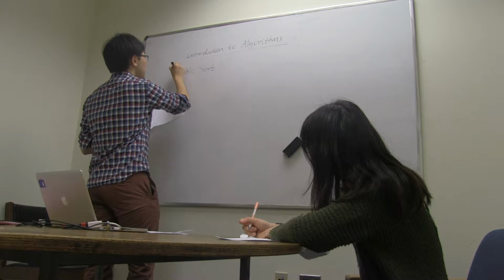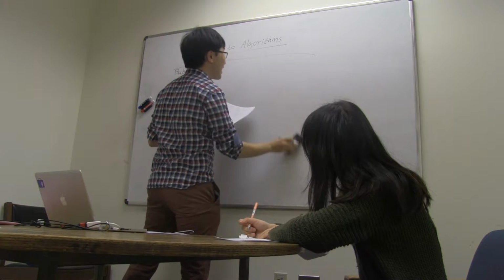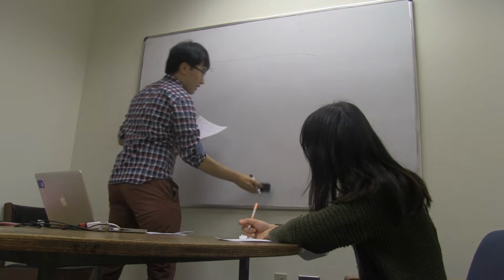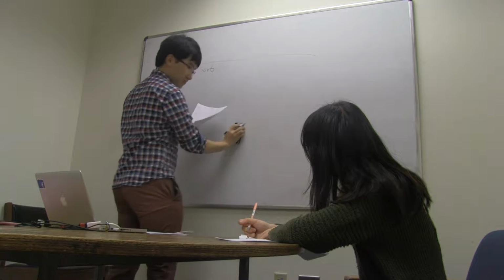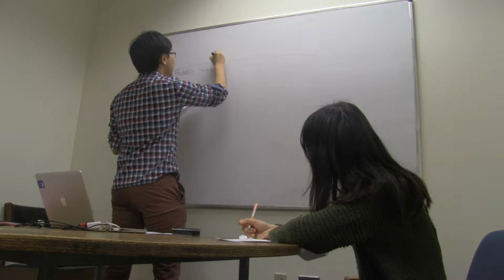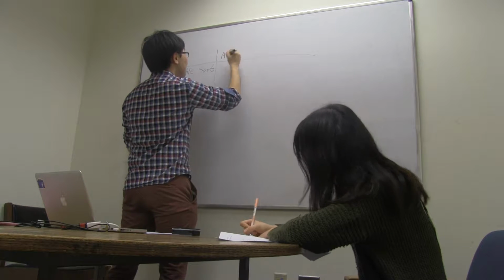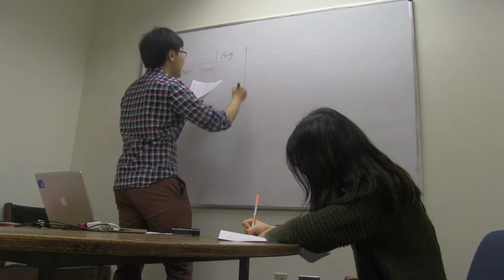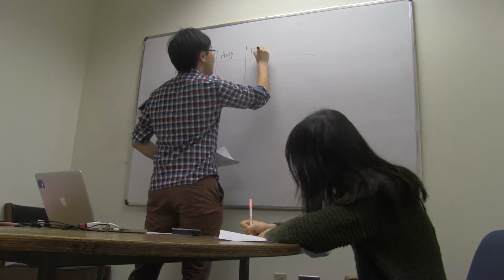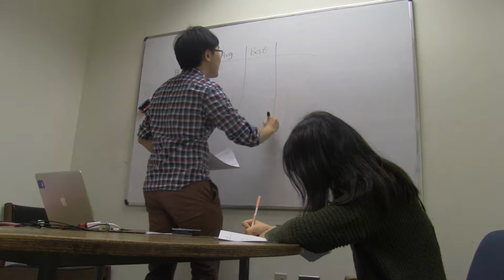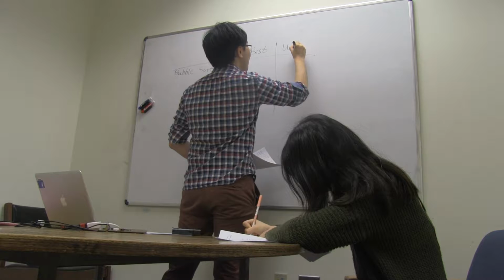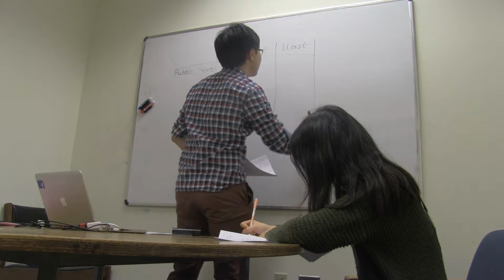For each of these sorting algorithms, I'm going to write its time complexity. I will include their average time complexity, their best performance, and in the worst case, what will they perform?